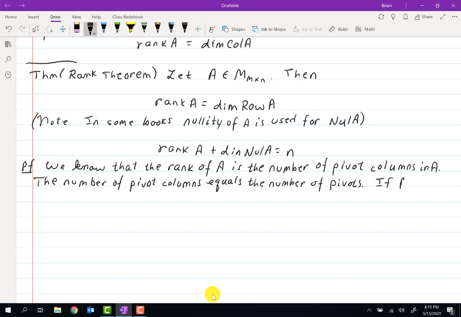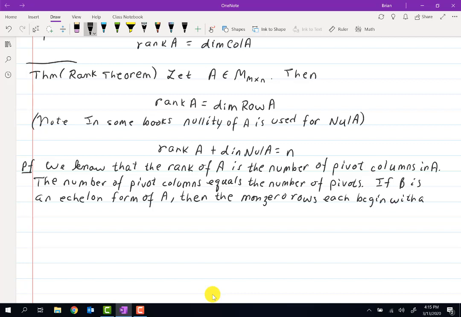If B is an echelon form of A, then the non-zero rows each begin with a pivot.